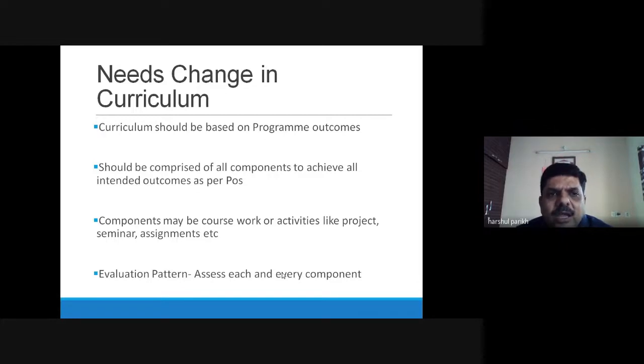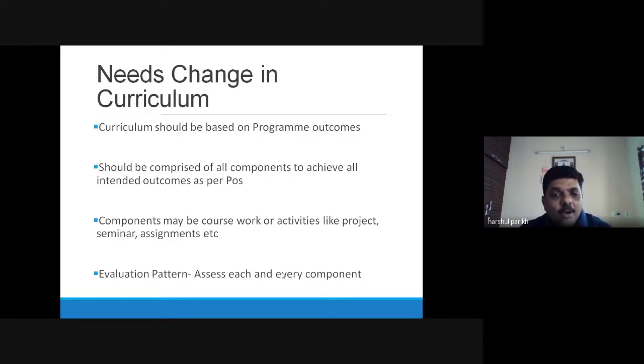But I must say that for modernization in pedagogy, there is a need to change the curriculum. The curriculum should be based on program outcomes. It should comprise all components to achieve all desirable outcomes as per the program outcomes.